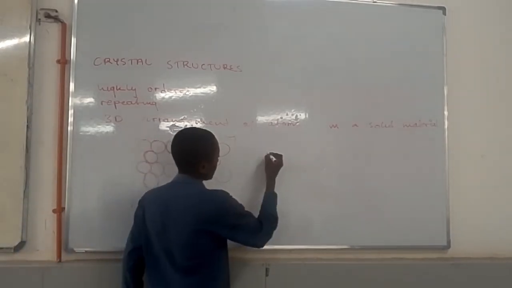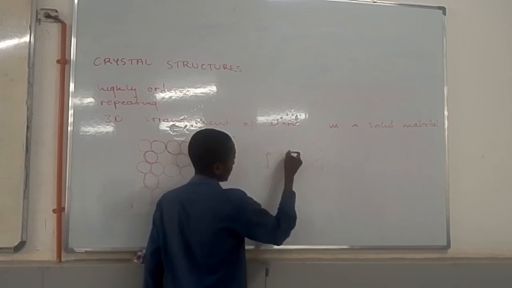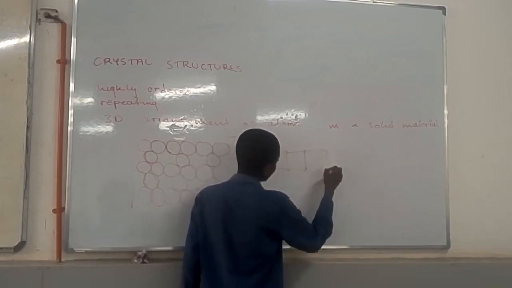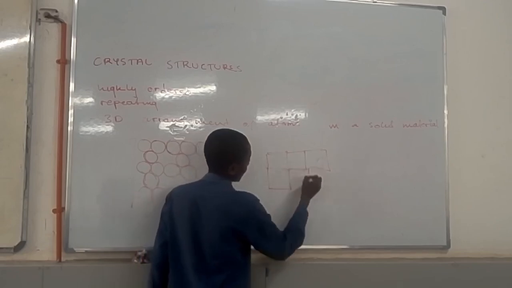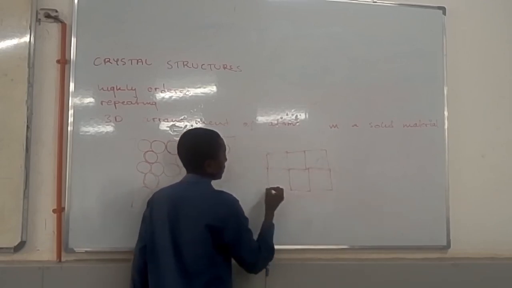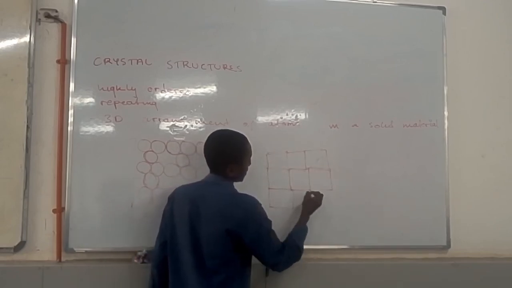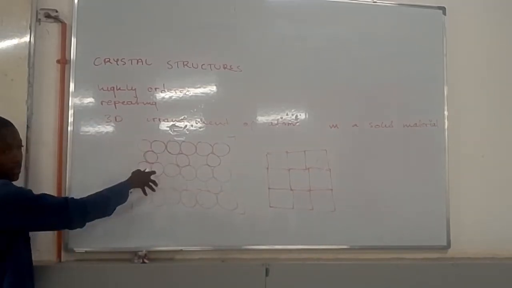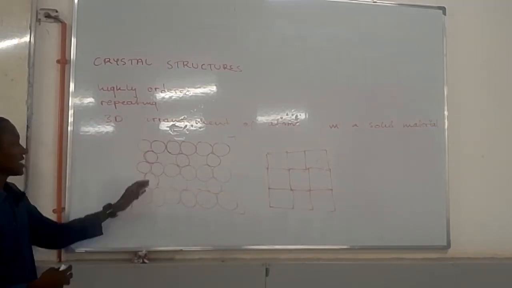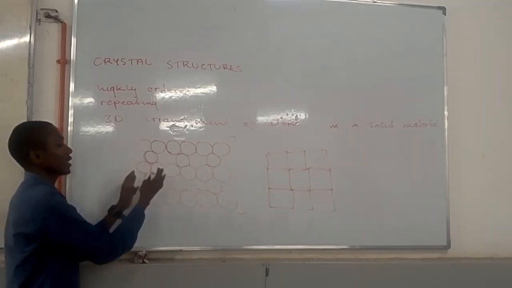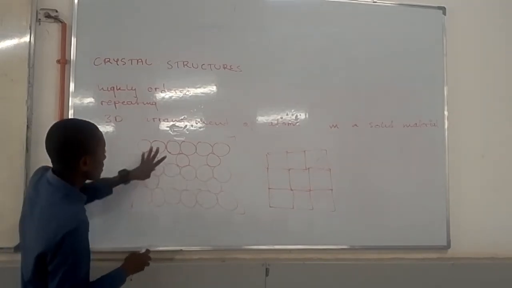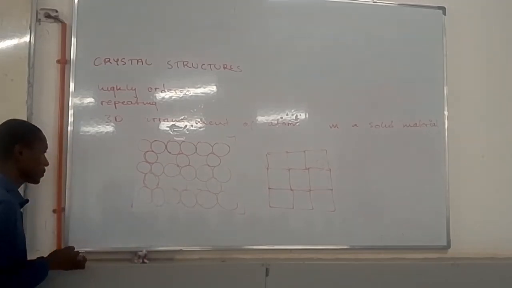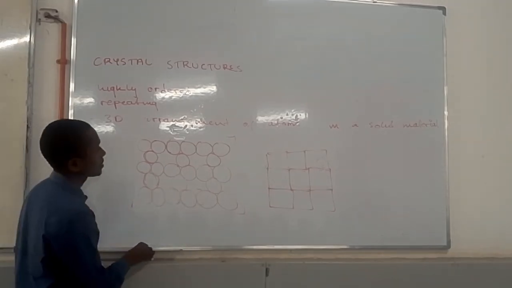So if we get one unit cell, you put it here, you get another unit cell, you put it here, you get another unit cell, another unit cell, another unit cell, and so on. We are forming what? This. Right. So let's try to identify the unit cell here. That is the unit cell that is forming this solid material.